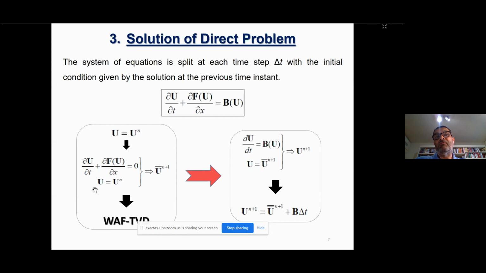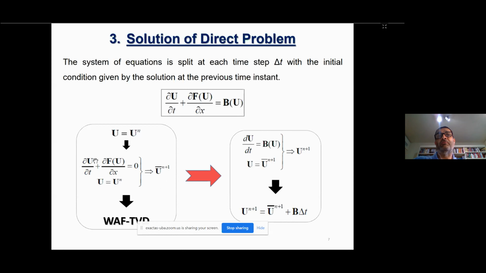For each delta t, for each timing increment, this homogeneous system is integrated first, using as initial condition the value of the state vector at the previous time. And the result of this integration gives the initial condition for the integration of the ODE system.